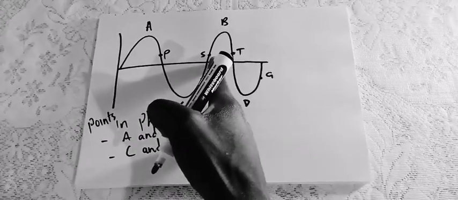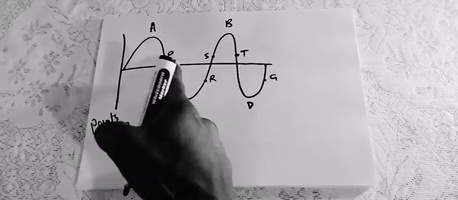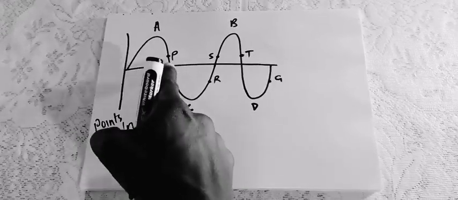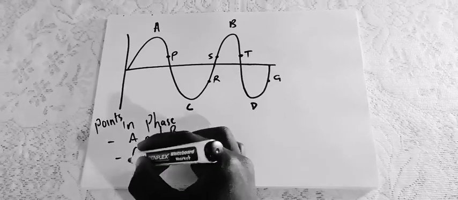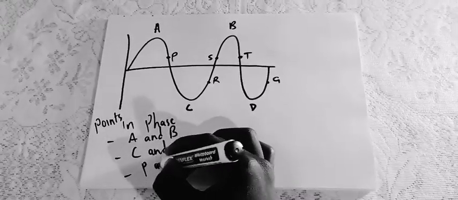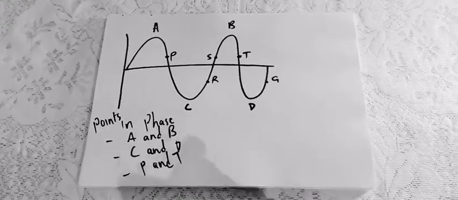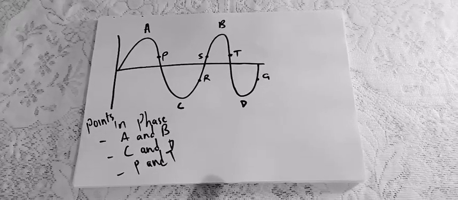But P and C, they are not in phase. Then P, as you can see, even on that other side, P and T, they are in phase. Why? Because they move in the same time, in the same space.